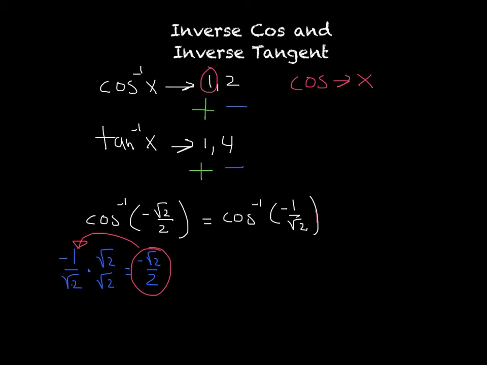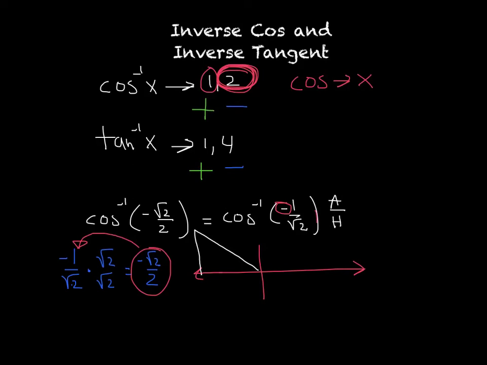The reason why you want to write it this way is so that you can identify the sides of the triangle. Okay, so which quadrant are we going to draw the triangle in? Well, I see a negative sign right there. So we're going to use quadrant 2. We're going to draw a triangle in quadrant 2, and remember cosine is your adjacent over hypotenuse.